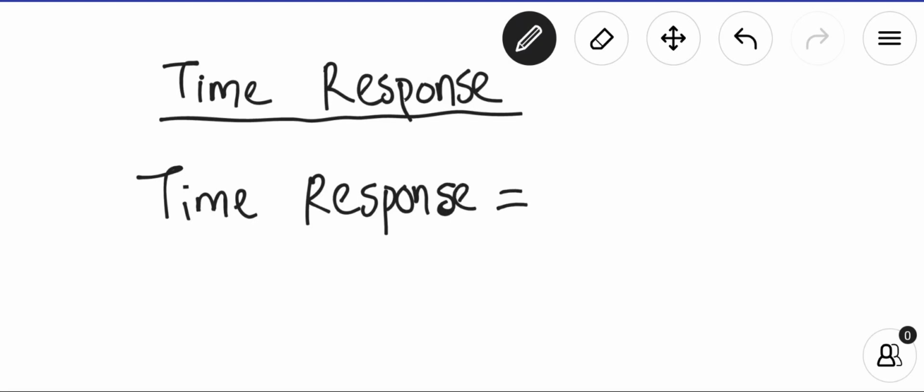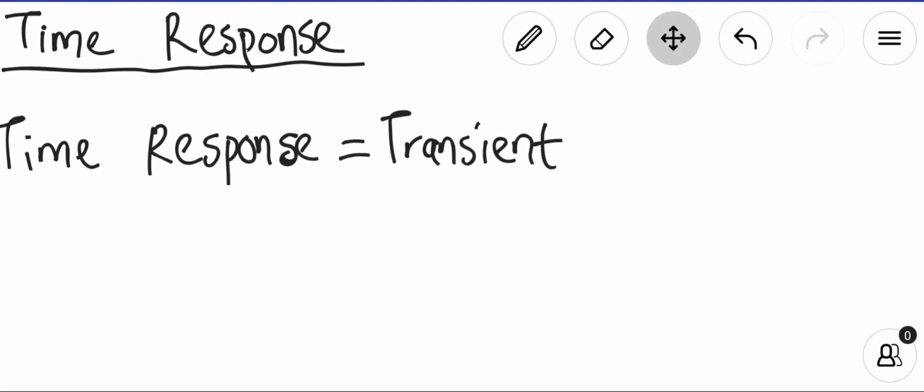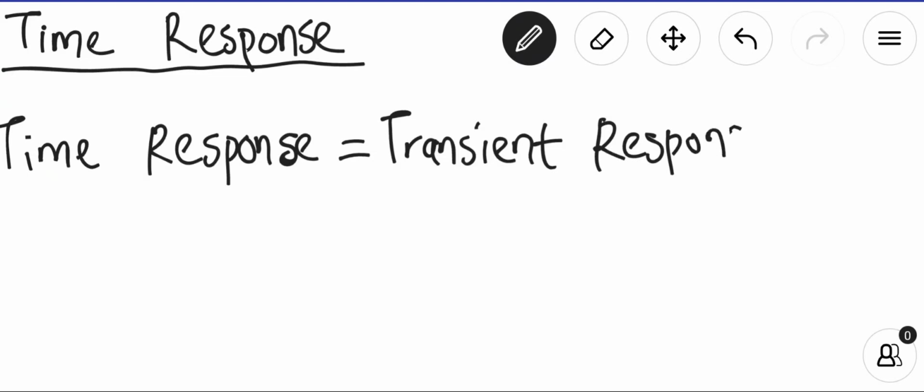And it also studies the output in terms of transient response and steady state response.